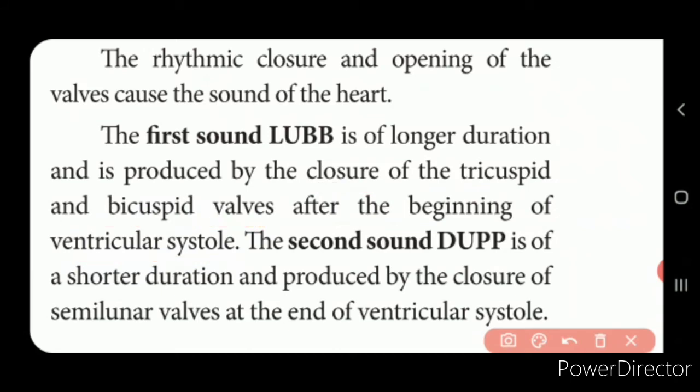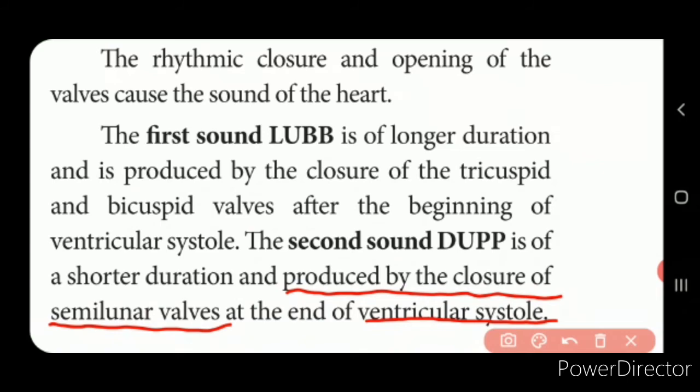Now the second sound, that is the dup, is the shorter duration sound, and this is produced by the closure of the semilunar valve. Now at the end of the ventricular systole, the contraction has to complete, isn't it? At the beginning of the ventricular systole, we said that the closing of the tricuspid and the bicuspid valve takes place, and the sound arises, that is the lub.